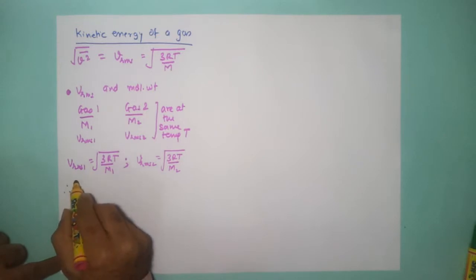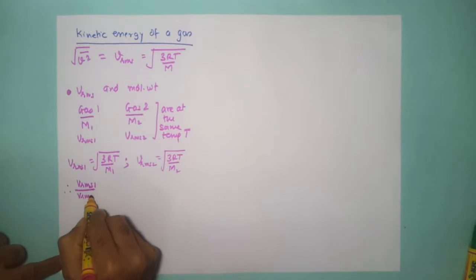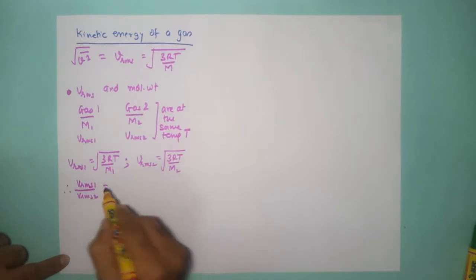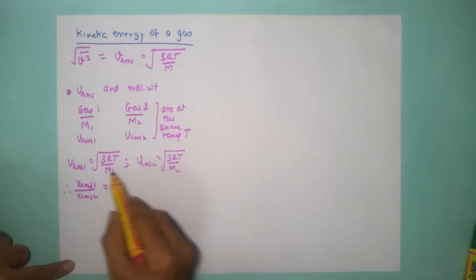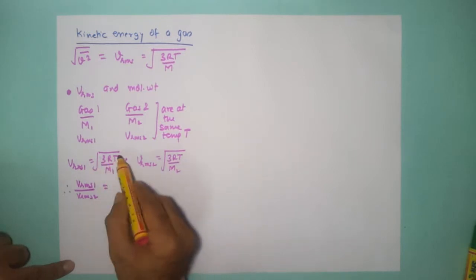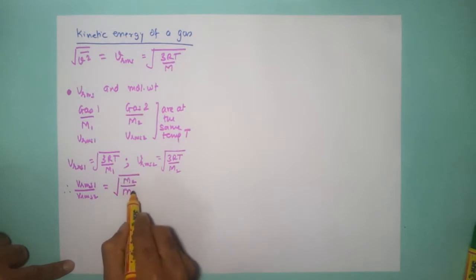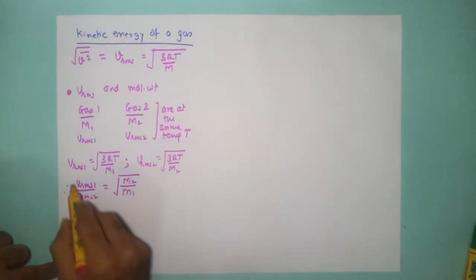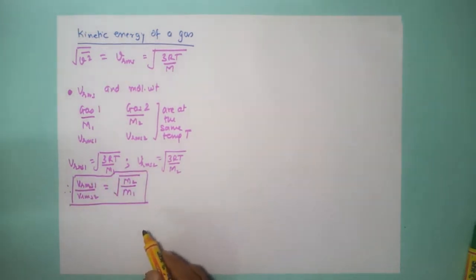Therefore, if I take the ratio VRMS 1 by VRMS 2, the 3RT terms get cancelled, and since M1 and M2 are in the denominators, I'll get M2 upon M1. I'm just saving time by not doing the math part of this. So this is the equation I was looking for: VRMS 1 upon VRMS 2 is equal to the square root of M2 upon M1.